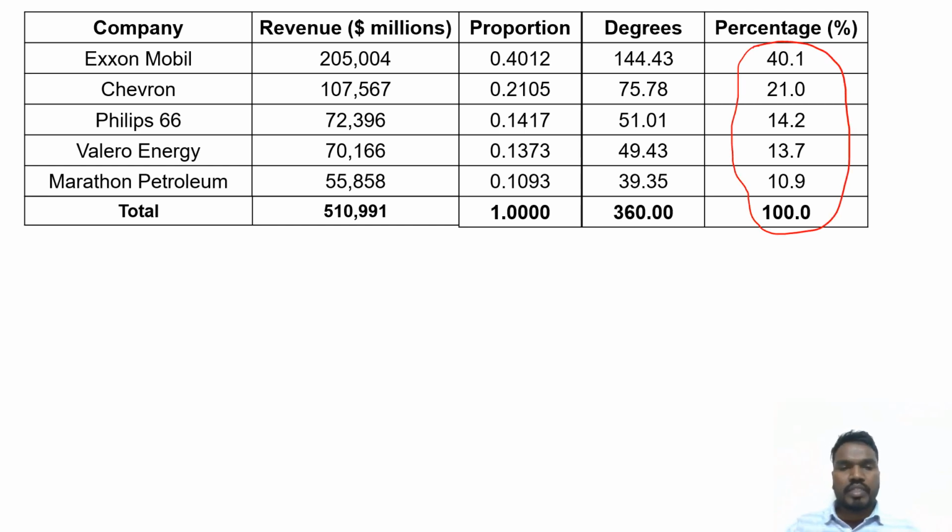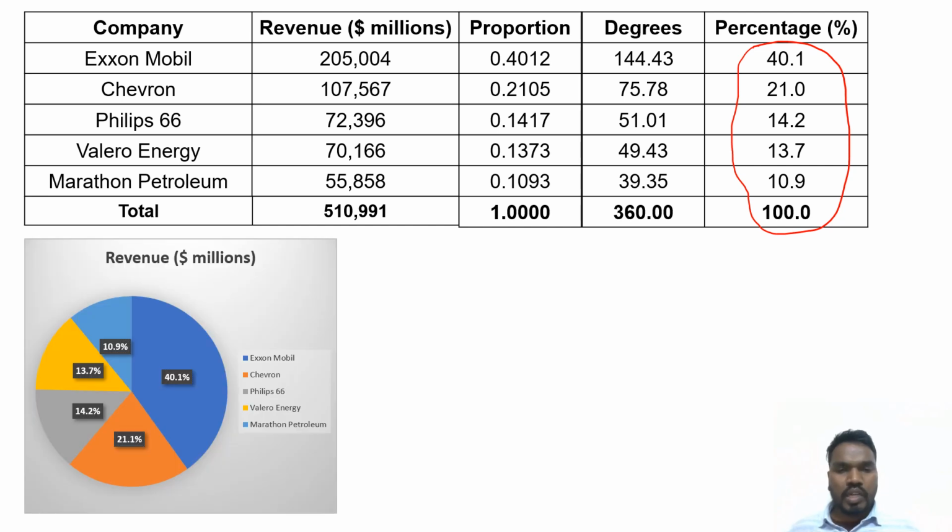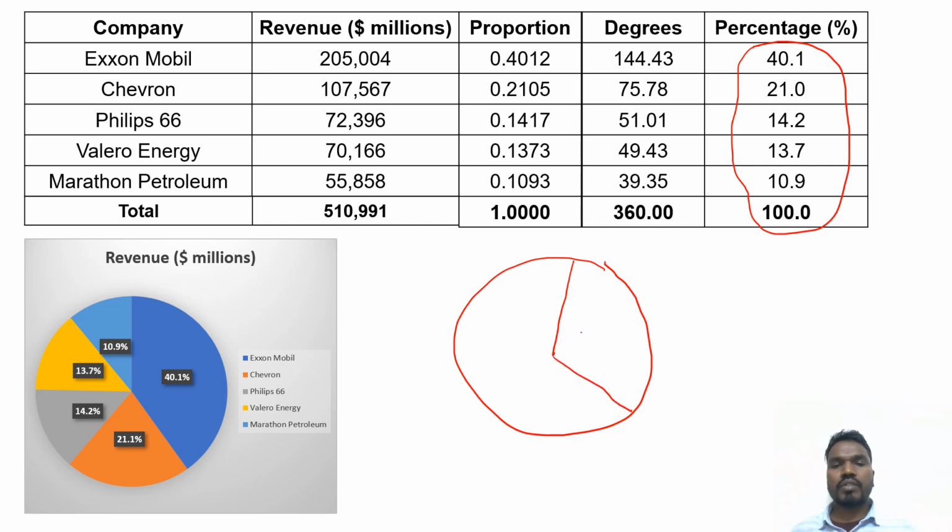So therefore very simple. You just draw a circle, right? So in that, which one is the highest percentage, right? 40.1. So that is Exxon Mobil. So therefore you just divide this into the highest percentage, that will give you 40.1 percentage. Then what is the next highest? 21 percentage.